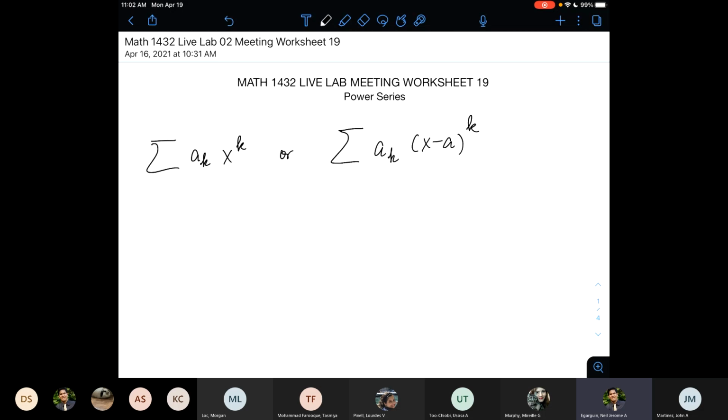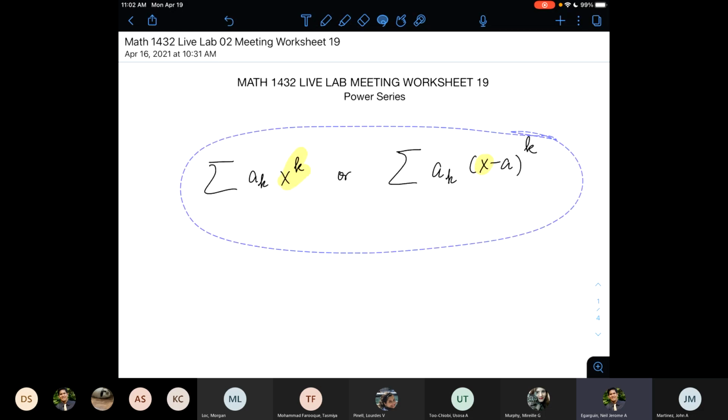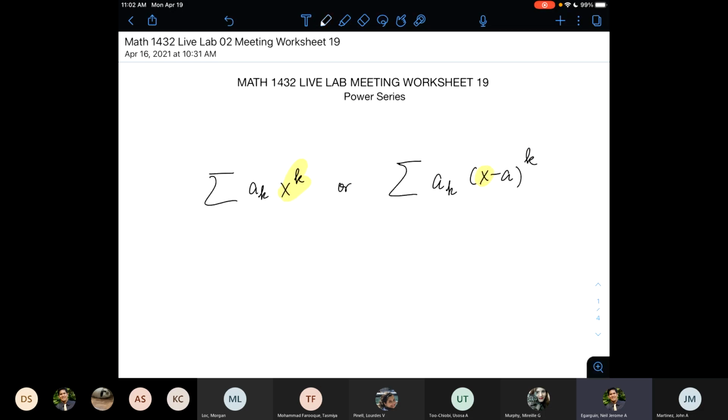So these are power series, and the difference with the series that we worked on last week is that now this series involves the variable x. So you can think of this as functions on their own, right? This is a more complicated type of function because it involves the variable x.